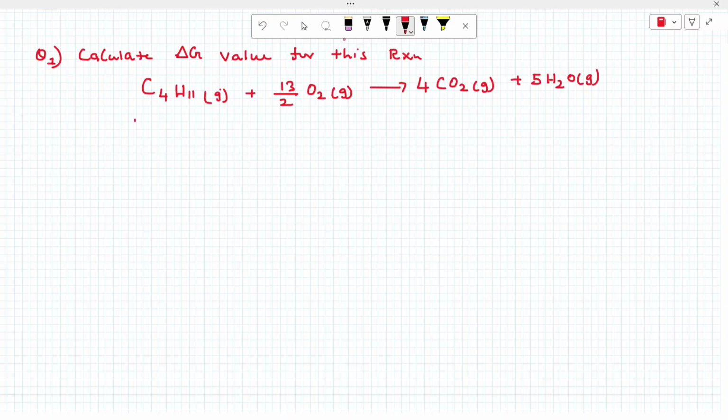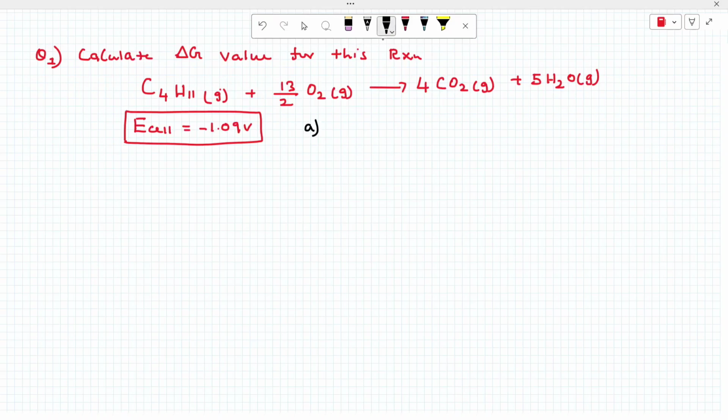The E cell value of this reaction is minus 1.09 volt. Find out.